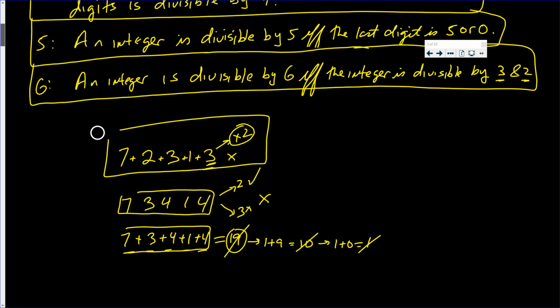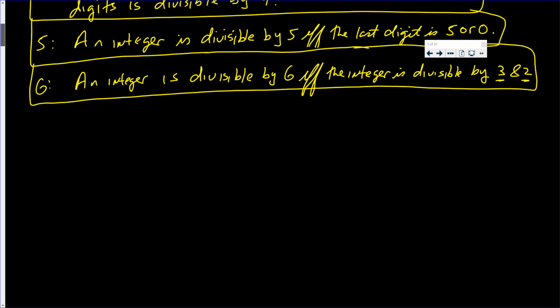So the divisibility rule for 6 is just verify the divisibility rule for 2 and for 3. So if you want to make up a number that will be divisible by 6, make sure the last digit is even, and then make sure the digits add up to a multiple of 3. 4 plus 3 is 7, plus 6 is 13, plus 2 is 15.